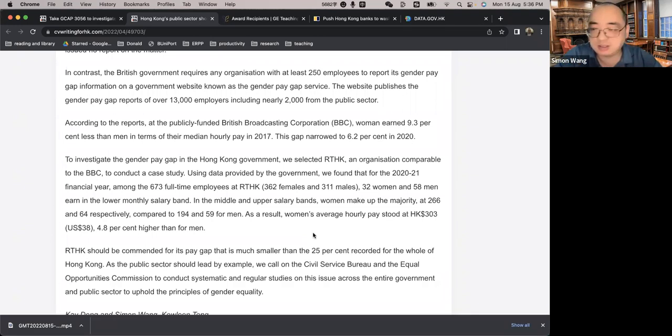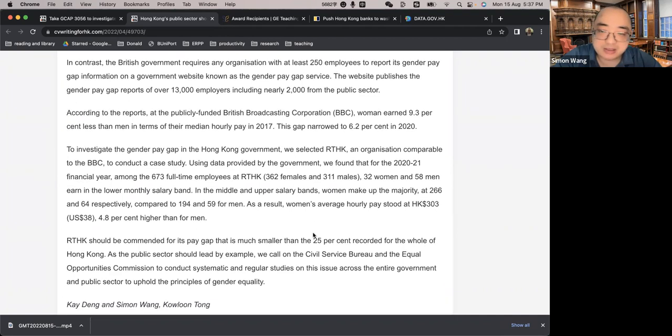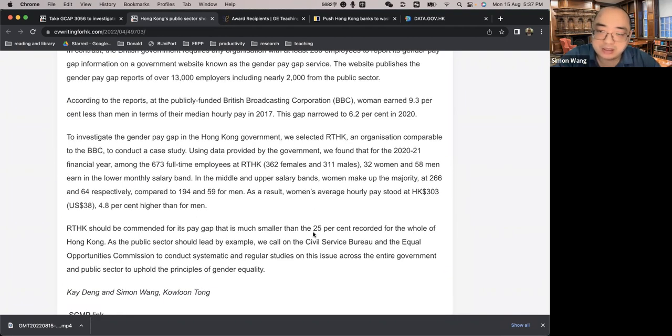So that's basically one of the key strategies, and also what we call the secret weapons of this course. And you will have a lot of fun communicating with the government staff, and you will be able to get some insightful information this way. But very surprisingly, the outcome of our analysis is that women are paid more than men in this particular government department, RTHK.